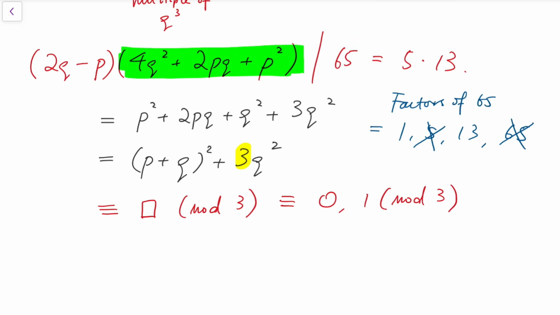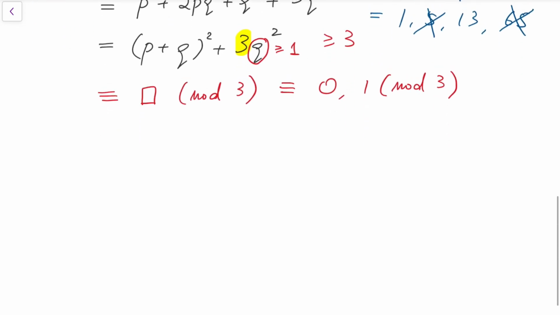Of course, we can't take negative values because they are sums of squares. And it also can't be 1, because we know that q is non-zero, so this tiny bit is at least 1, and the whole thing will be at least 3. So we have only one way out: (p plus q) squared plus 3q squared is equal to 13.